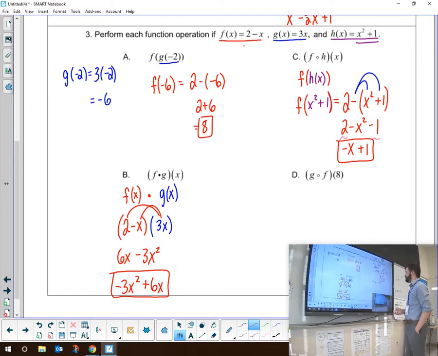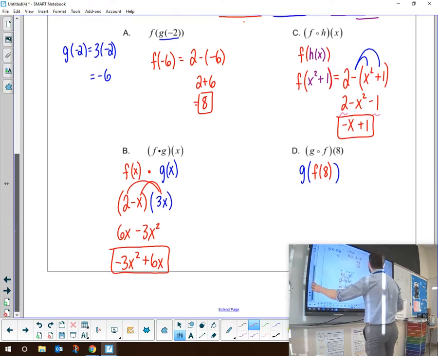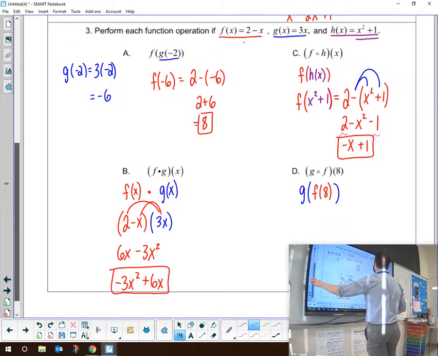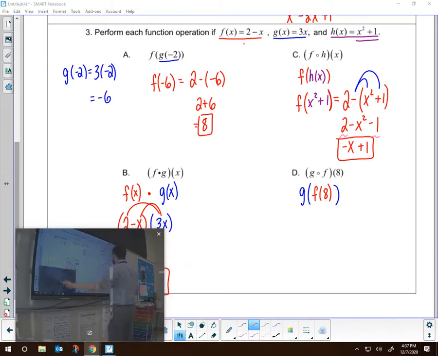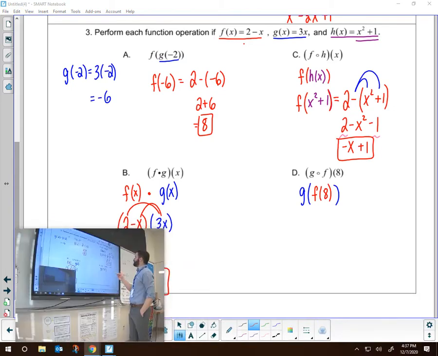Okay, our last one. We have g of f of 8. So let's rewrite this. We have g of, and on the inside we have f of 8. Okay, so step number 1. We need to figure out what f of 8 is, right? So I'm going to take f of 8, and we're going to figure out what that is.